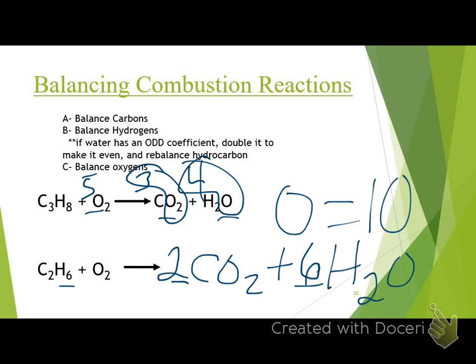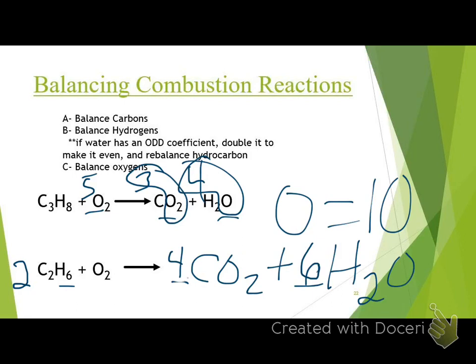How many hydrogens do I have now on the right side? 12. I only have 6 over here, so I have to put a 2 there. But by putting a 2 there, I've also doubled my carbons, so just a quick fix of 4.